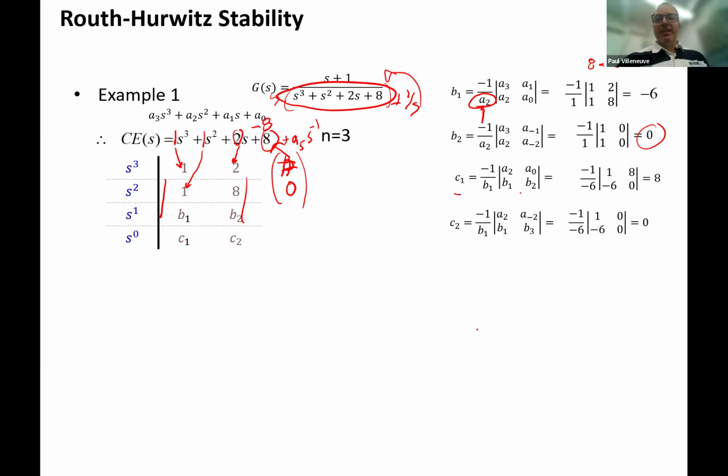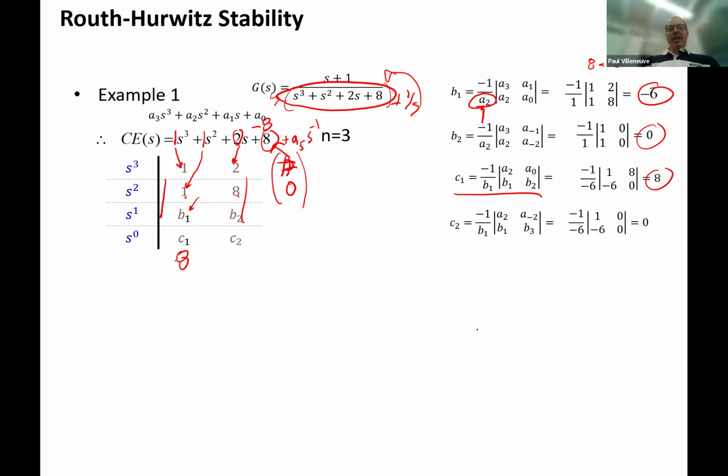So C1 is -1 divided by B1 times the determinant of A2, A0, B1, B2. When I put that in, I get -1 over -6, because the -6 is what we calculated for B1. So I have 0 minus a -48, which is +48. Then I multiply that 48 by 1/6, and I get 8.